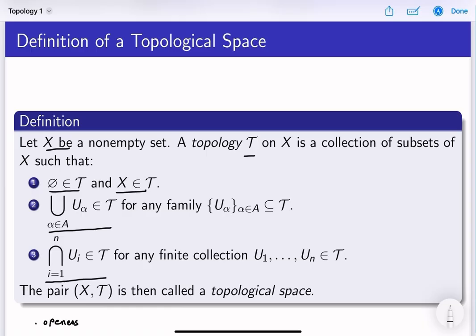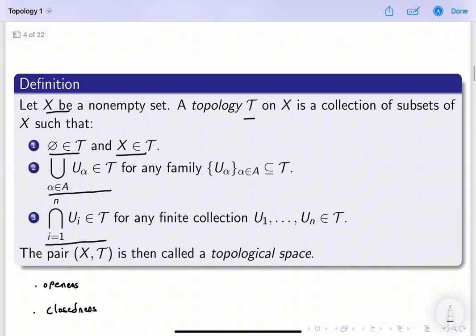We're going to define open sets to be sets of T. Like every set of T is an open set. Okay, and a set is open if and only if it's in T, with respect to this topology.